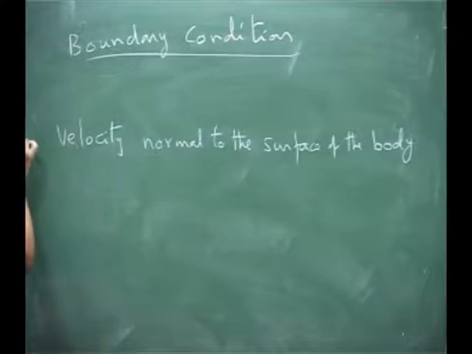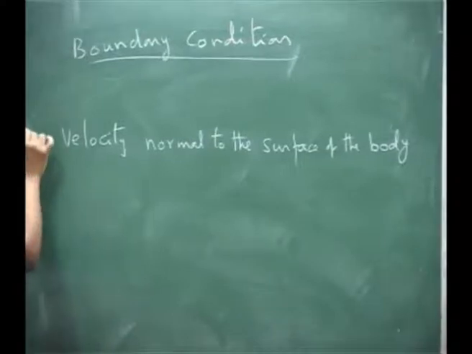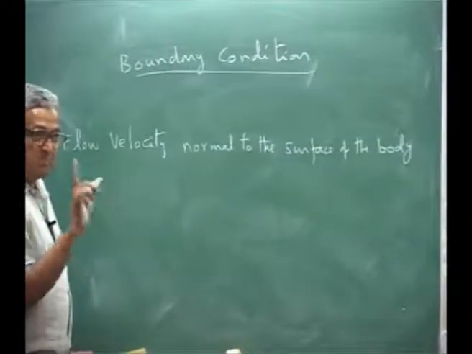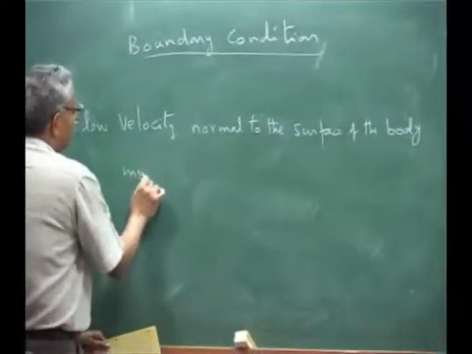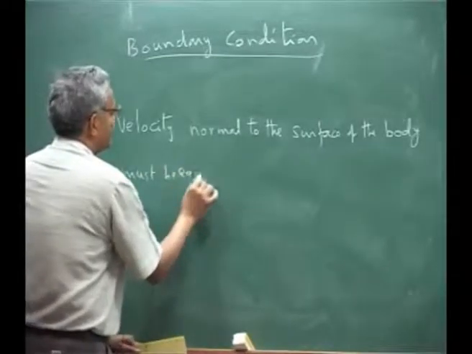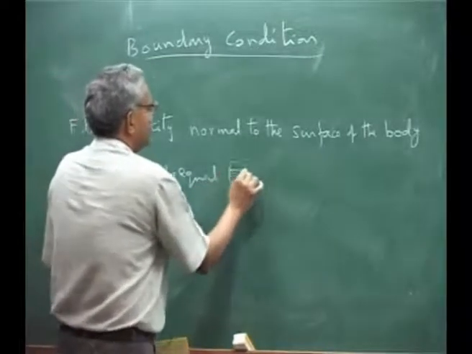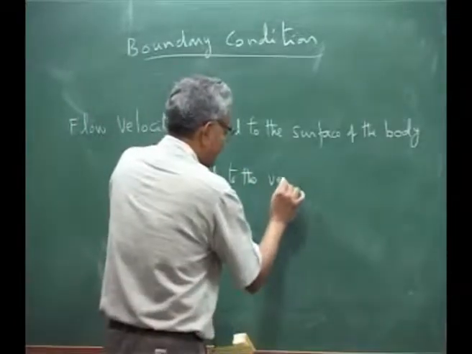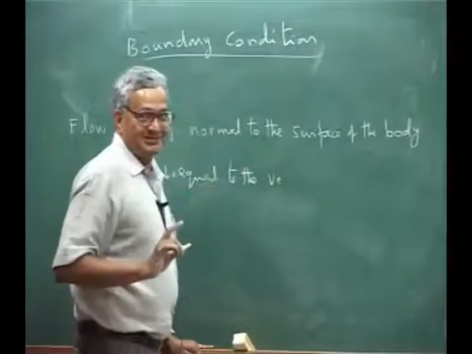You may call it, if you want to call it, you can say the flow velocity normal to the surface of the body must be equal to the velocity of the body normal to the surface.